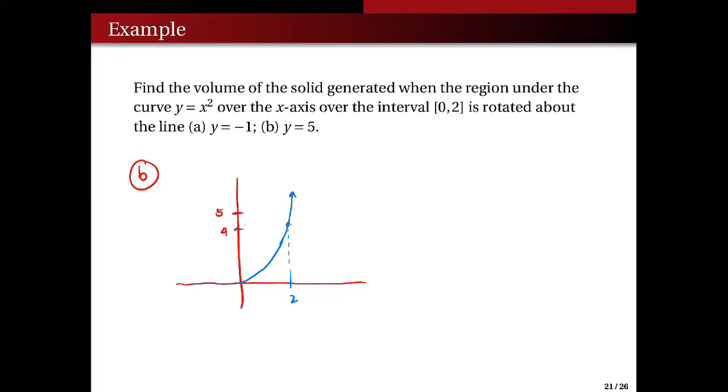Okay? So the region, it's still the same. Your approximating rectangles, it's still the same. But take note of this. Your axis of revolution is up here. It's at y equals 5. So you revolve about y equals 5. Okay?